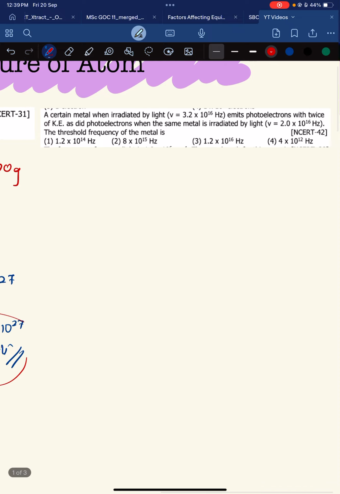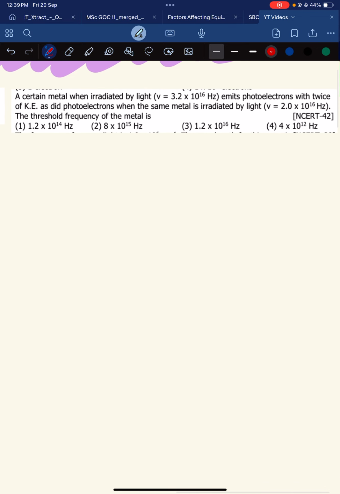Now the second question of the same set. The question is: a certain metal, when irradiated by light of a given frequency in hertz, emits photoelectrons with twice the kinetic energy as did photoelectrons when the same metal is irradiated by another frequency.